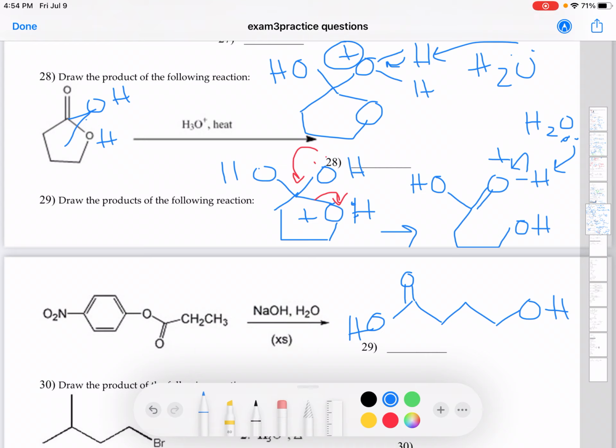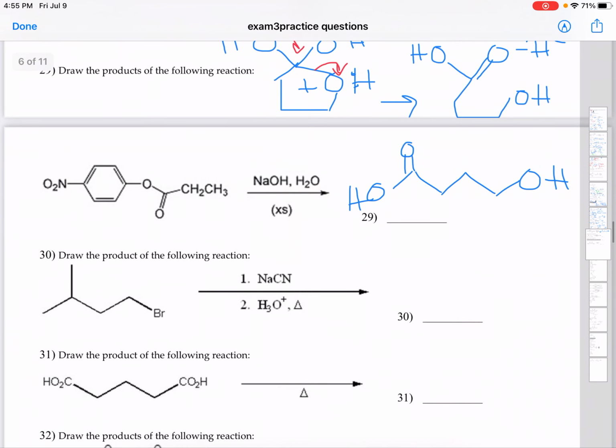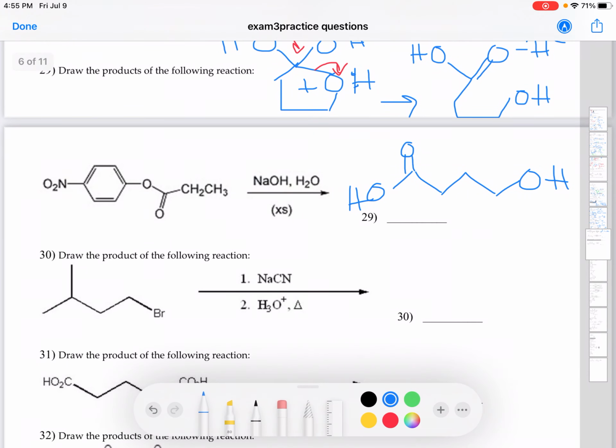That is how the ester is formed between the carboxylic acid and alcohol. So when an ester is hydrolyzed, you also form carboxylic acid from one side and the alcohol from the other side. Basically you're adding a water molecule across the ester carbon oxygen bond. Okay, so number 29, draw the product of the following reaction.